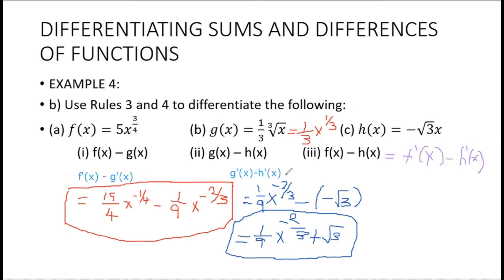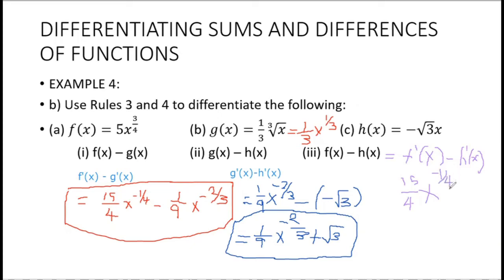Okay, so meron na tayong f prime of x. Ito yung ating sa letter A kanina. So, 15 over 4 x raised to negative 1/4.